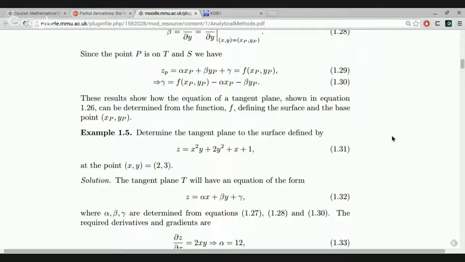When you put 2, 3 into the original function f, you've got 12 here, 12 plus 2 times 9, 12 plus 18, so you've got 30, 32, 33. Check my arithmetic as we go. So 33 should be the height of the function above the base point.